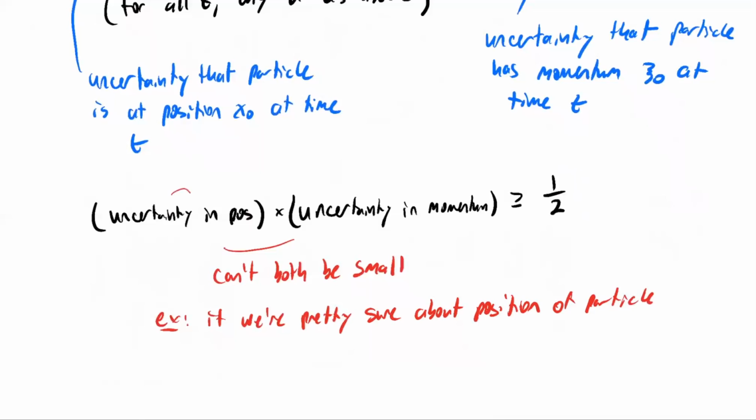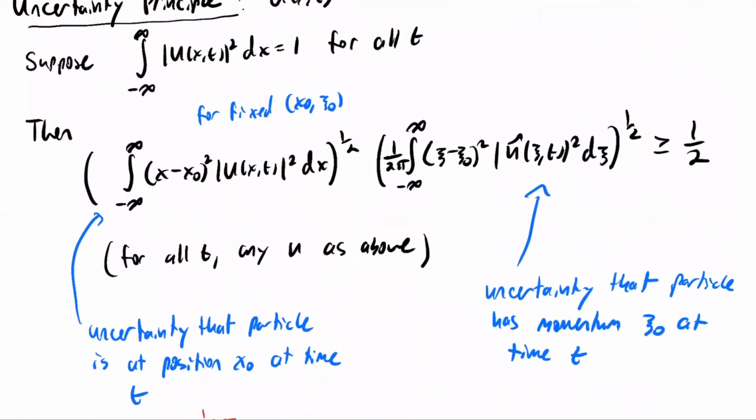So maybe the uncertainty is very small, like 1/100,000. Well, this inequality, which is what we're stating over here although we haven't proved it yet, is true no matter what.